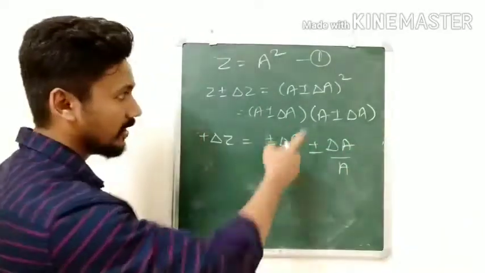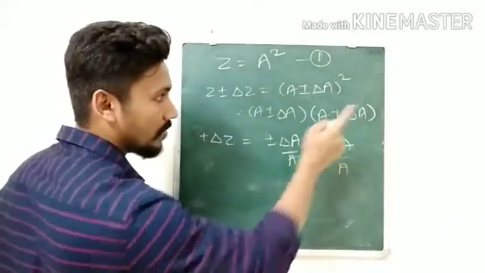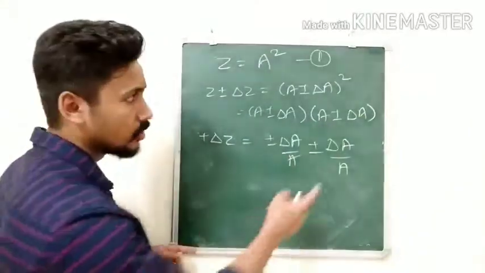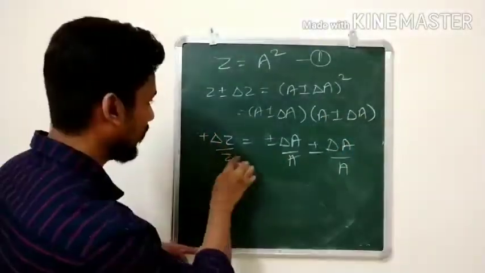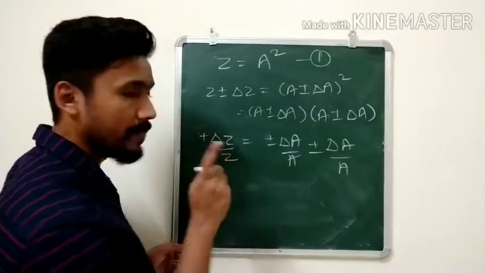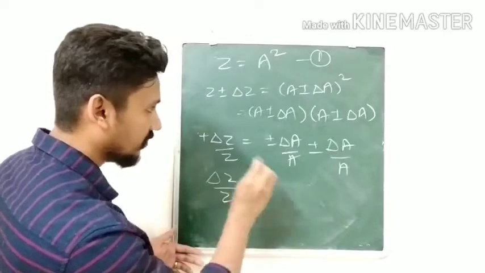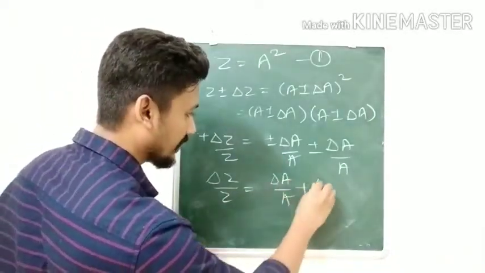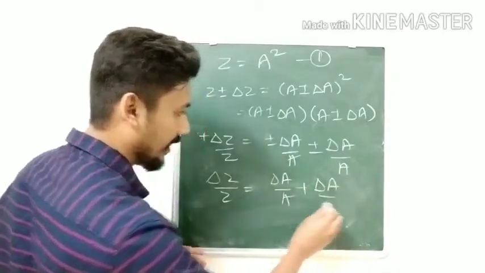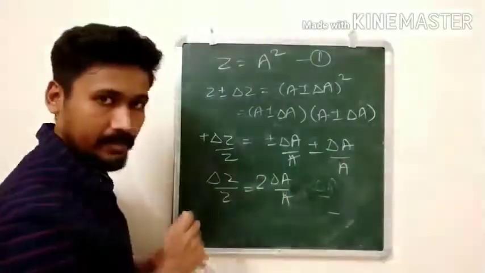Correct? Because you have seen when A plus or minus delta A was multiplied by B plus or minus delta B, this was the answer we got. So in place of B we are getting A. So maximum value will be, sorry, this should be delta Z by Z, will be equal to delta A by A plus delta A by A, that is nothing but twice of delta A by A. Correct?